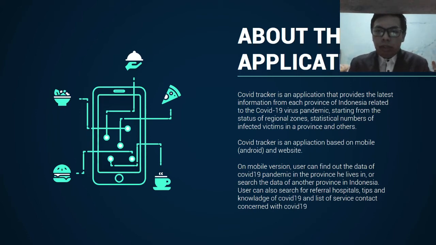COVID Tracker is an application based on mobile, which is Android, and a website that can be accessed from PC or mobile. On the mobile version, users can find out the data of the COVID-19 pandemic in the province they live in, or search the data of another province in Indonesia. Users can also search for referral hospitals, tips and knowledge of COVID-19, and a list of service contacts concerned with COVID-19.